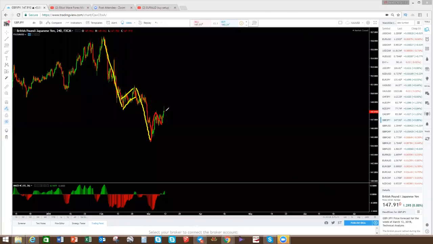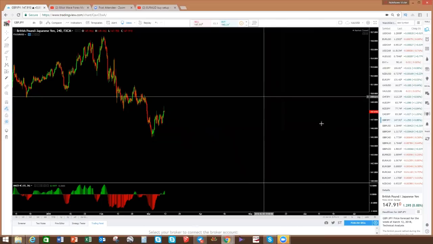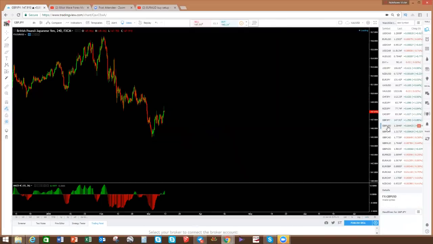This can be sideways as well, giving you something like this before you continue with this move to the downside, a similar move to that one. So what you're having here is a correction. I don't expect this to go all the way, just around that area before we start the reversal. Okay, so that's pound JPY.